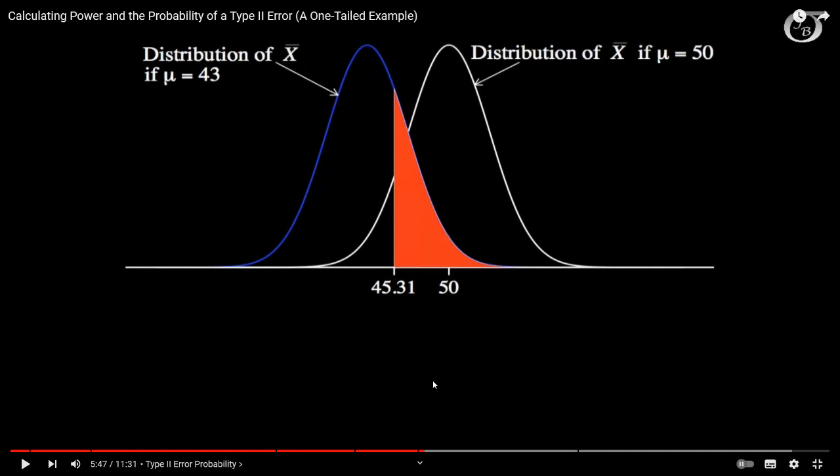The white distribution is your question. But the blue one is the true mean distribution. So when you take 10 samples, they can fall anywhere within the blue. If they fall to the left of the 45, then you reject your question. If they fall to the right, then you will not be able to reject your question.